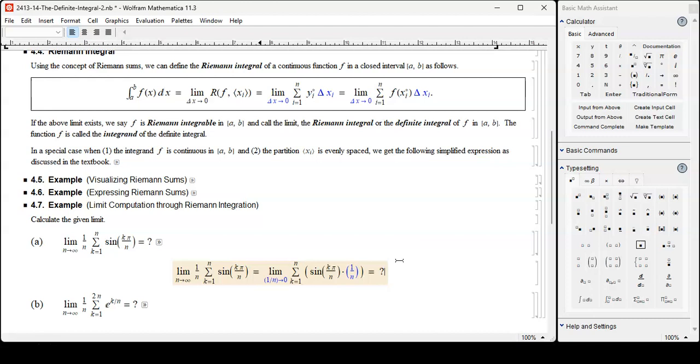So, do you see the resemblance? This yi star, or f of xi star, which I just highlighted in red, should correspond to this one here. Okay, and then what?